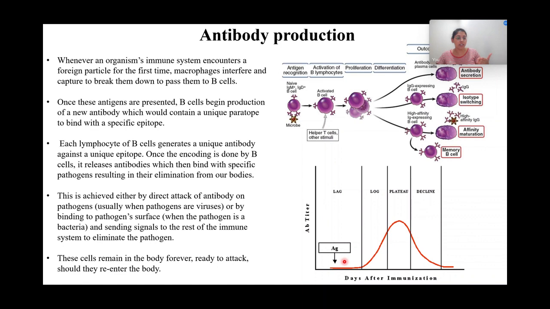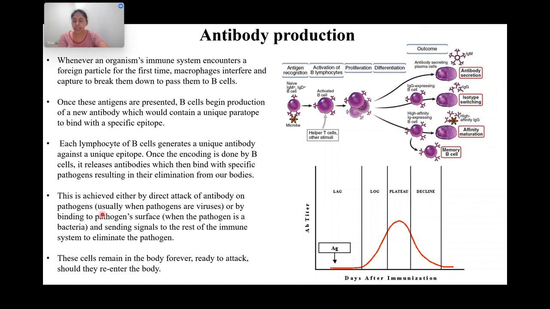Then once this encoding is done and they have started synthesizing the full antibody, these antibodies are released into the bloodstream, and they go and bind to the respective antigen wherever they encounter it. And what happens after they bind? They eliminate the antigen from the body. And how do they do it? Like I had mentioned, they can either do it by direct attack of the antibody on the pathogen, or by binding to the pathogen surface and then sending out a signal to the other components of the immune system to come and eliminate it.